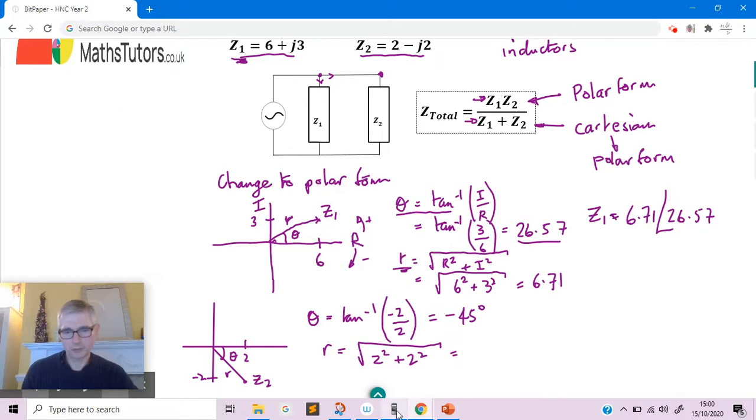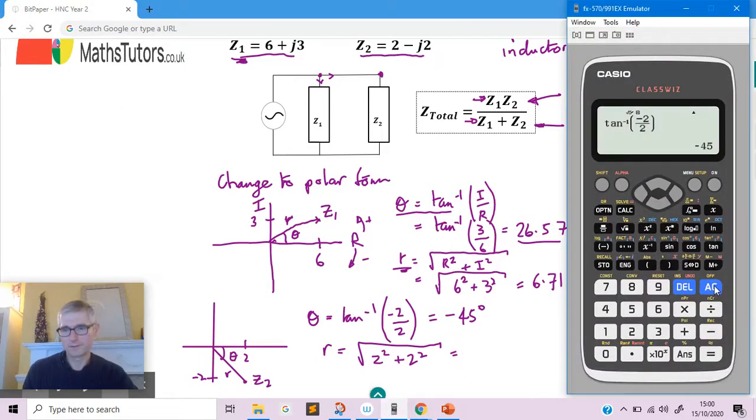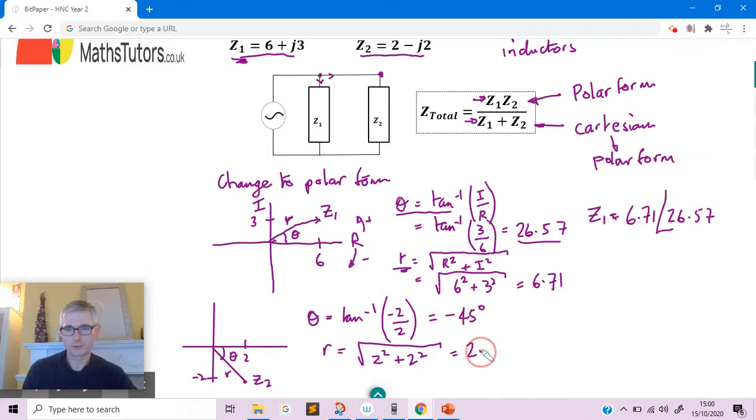So if we put that in the calculator, what we're going to get is square root of 2, square button, plus 2 again, press the square button. And that's 2 root 2, but we don't want it in that form. We want it in decimal form. So that's it. 2.83 if I round that up to 2 decimal places.